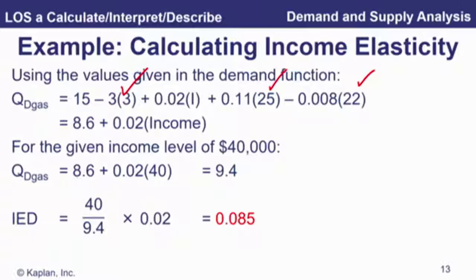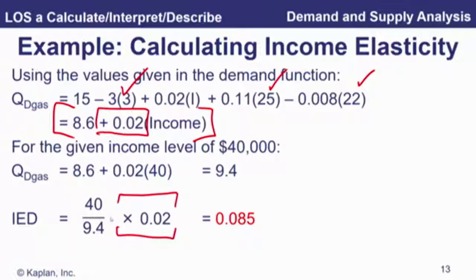So the quantity of gas demanded shortens down to that. Do the math, you get 8.6 plus 0.02 times the level of income. Now we've just highlighted that because now you can see the slope coefficient for income, 0.02. There is the slope coefficient for income.